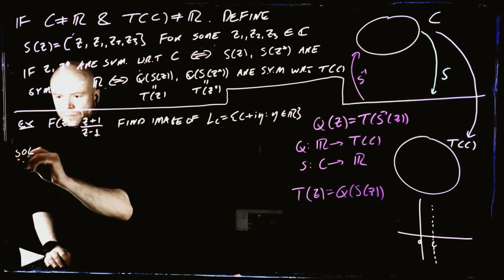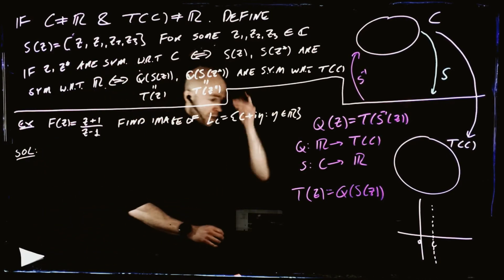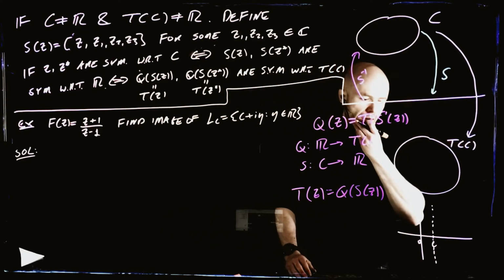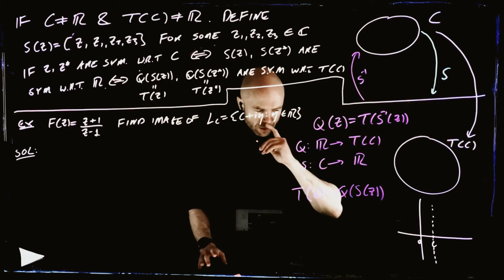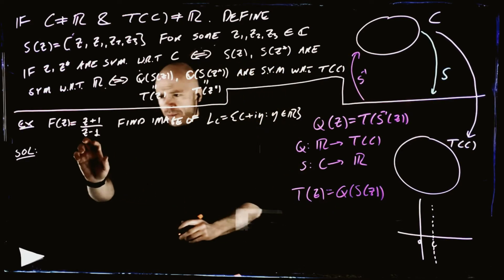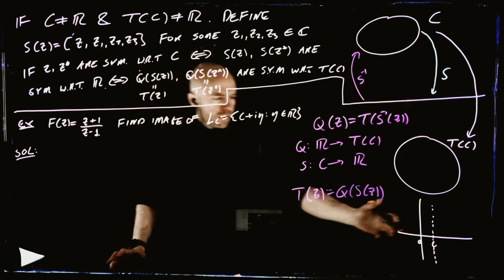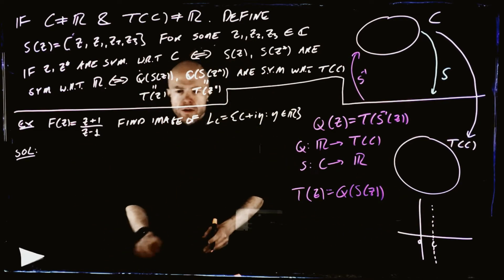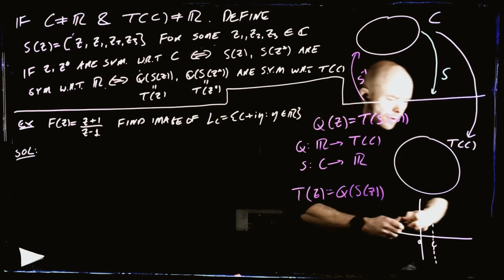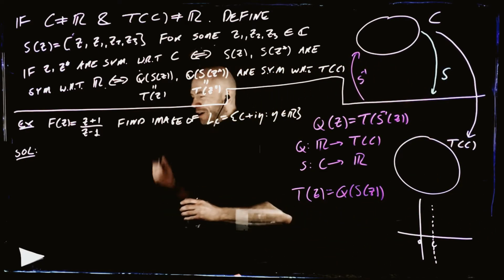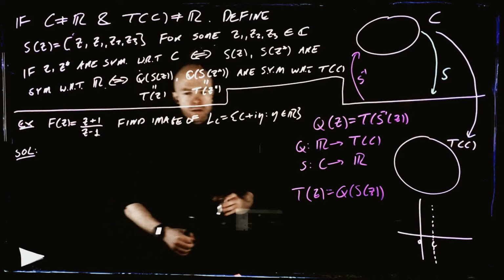Solution. All right, so let's start to try and figure this out. Well, let's look at our initial mapping. Do you think that the image of this line will be either a line or a circle? What do you think? Well, that's a stupid question. Of course, it's a line or a circle. Which is it, a line or a circle?